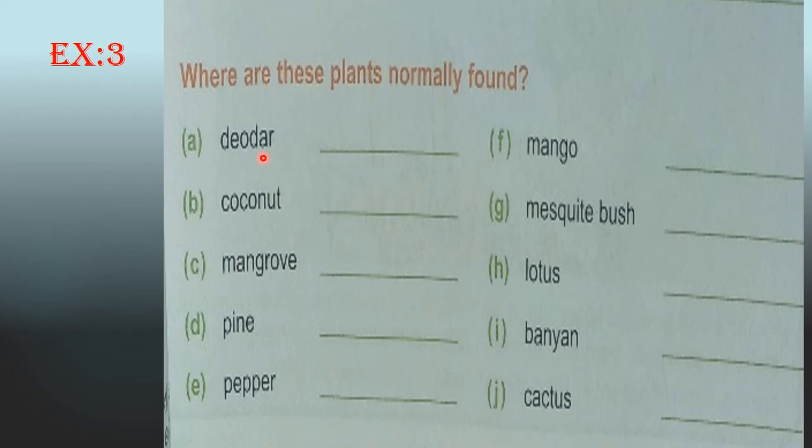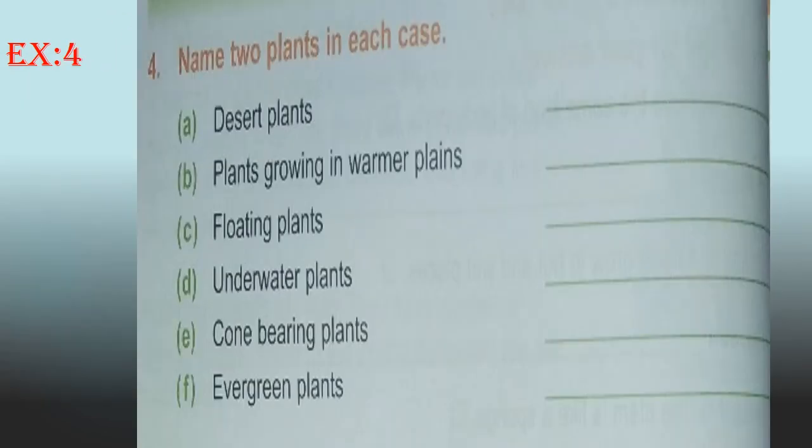Deodar grows in cold and hilly areas. So you are going to write here cold and hilly areas. Number 2 is the coconut plant. It grows in hot and wet places. So here you are going to write hot and wet places. That's how you are going to do this exercise.